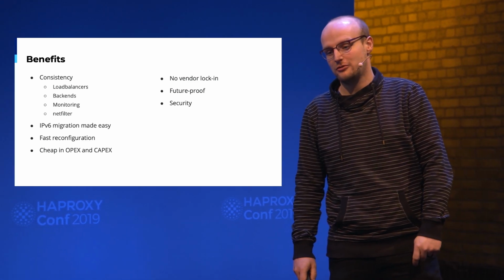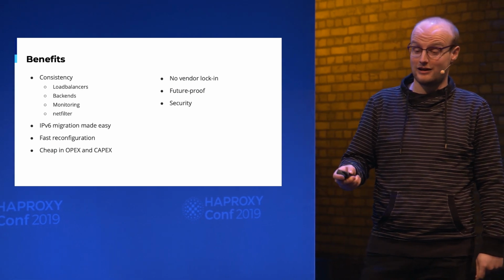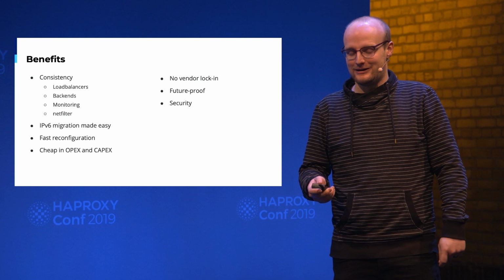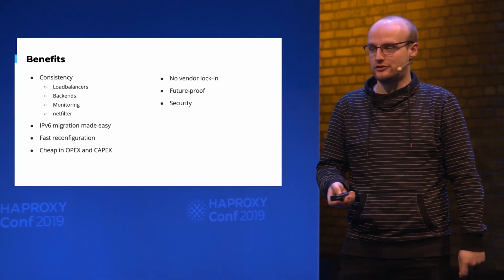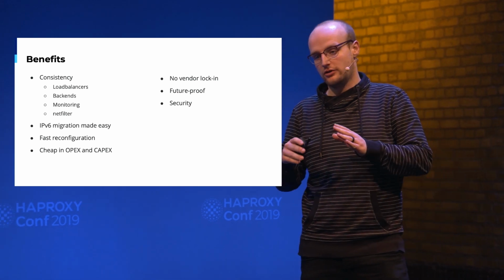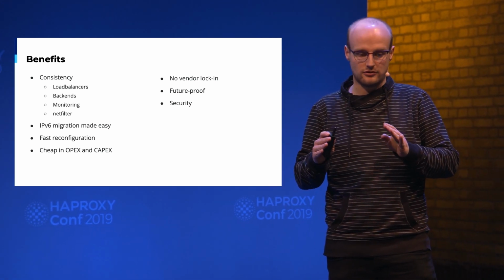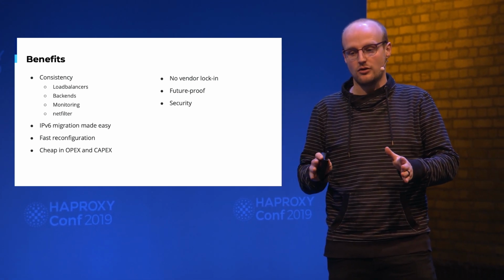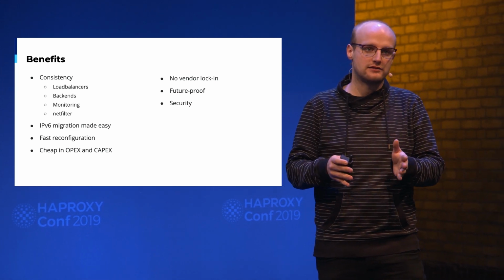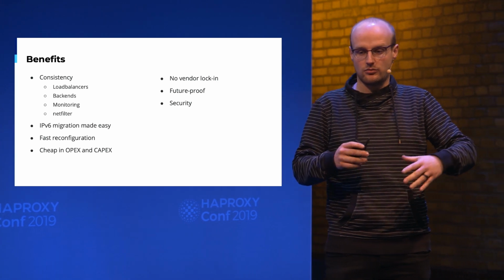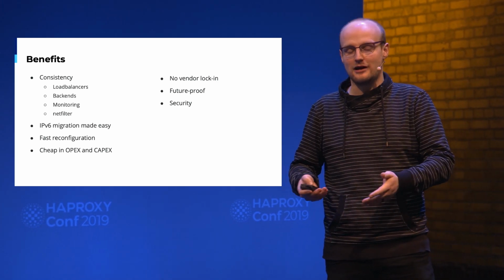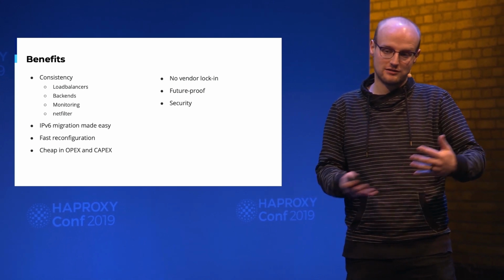And also, we have no vendor lock-in. And what I like best is it's future-proof. If we ever say, okay, we are moving to the cloud, or we are doing Kubernetes, or some other fancy technology, we have a consistent definition of what a service is, and we can simply apply this to our new technology, because we have written it once, so we can simply reuse it.